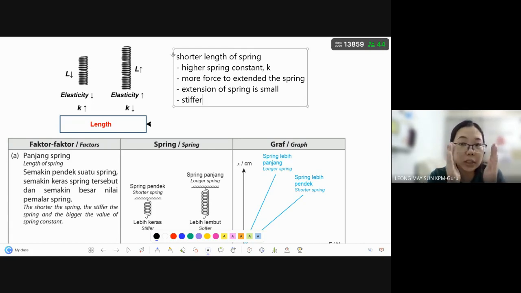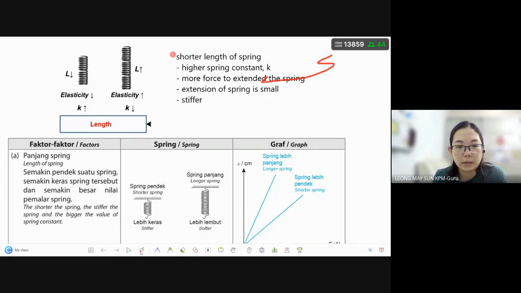So this is actually how we analyze whether it is a higher spring constant or not. In terms of modification, decision making, and also inventing new stuff, this is the option, the choice.